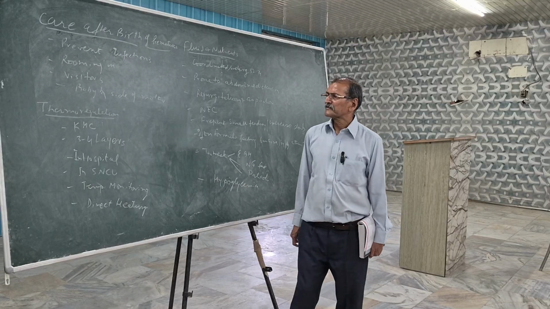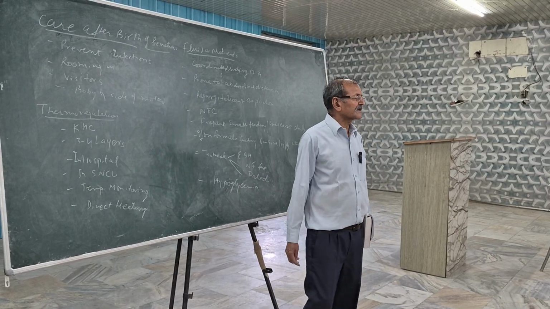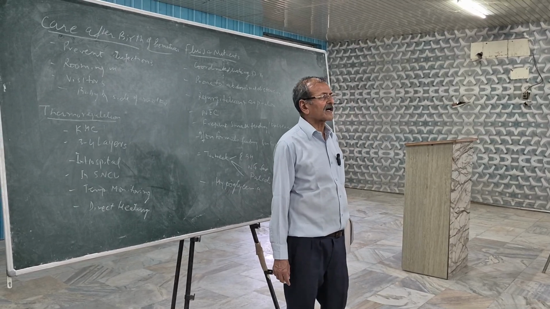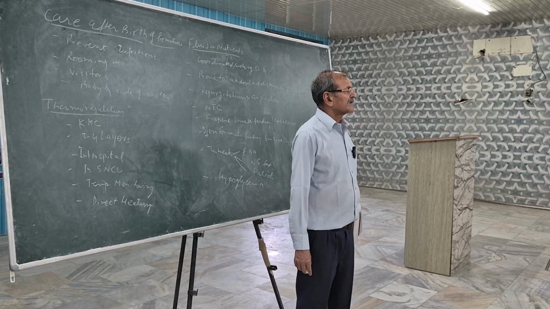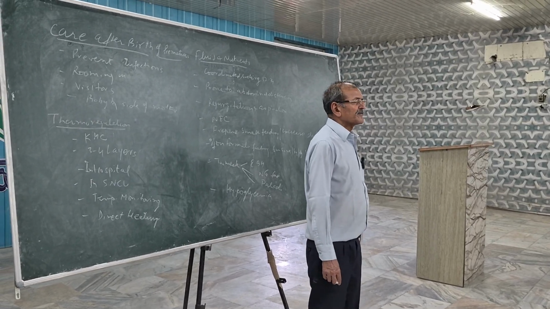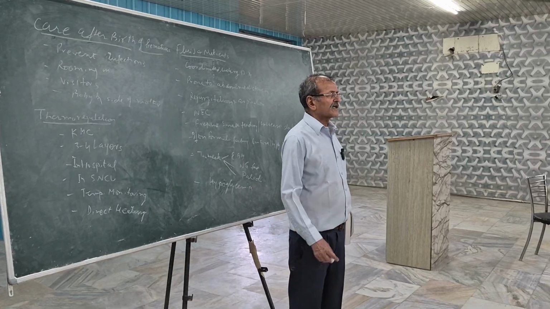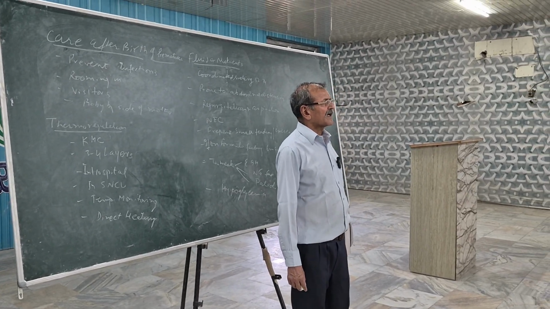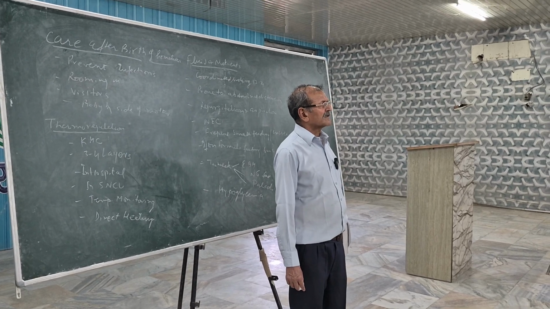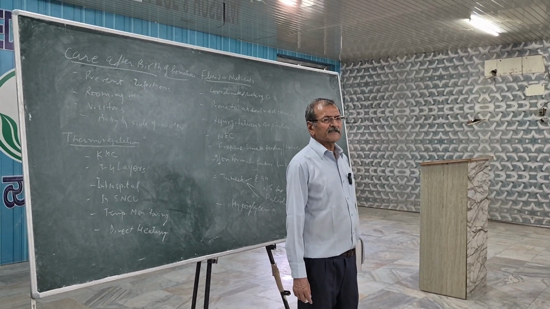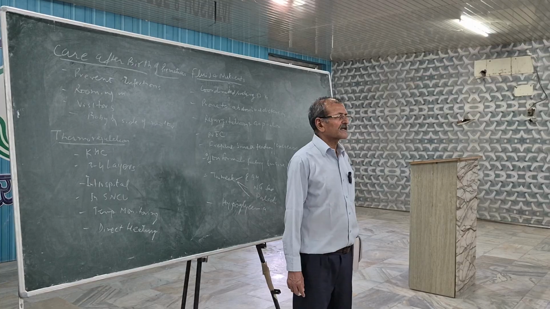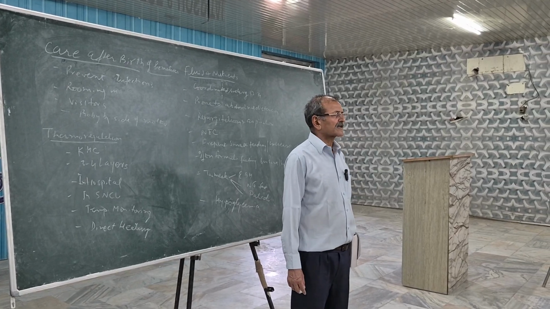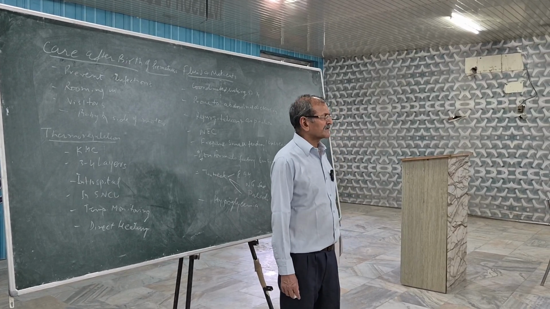And second is after birth KMC. KMC stands for, you can note down, kangaroo mother care. The child should be placed on the chest of the mother between the two breasts, and the head and feet can be covered, but the rest of the body is directly in contact with the mother's body.